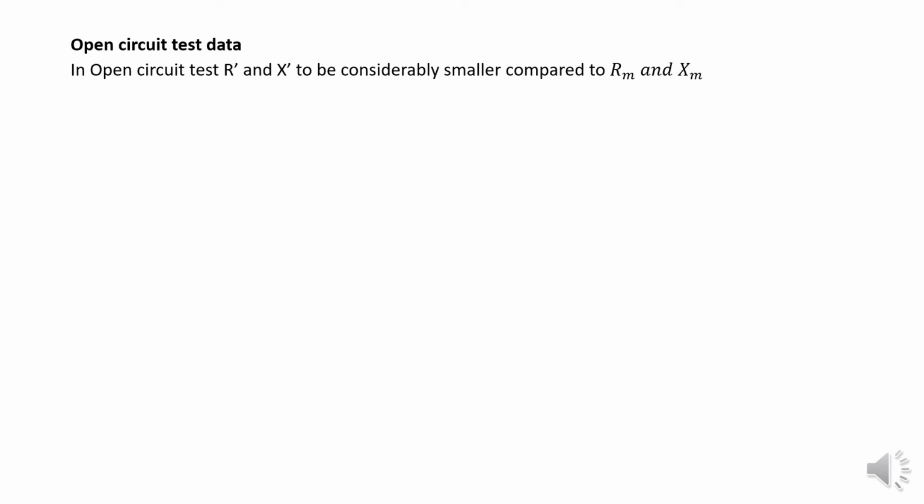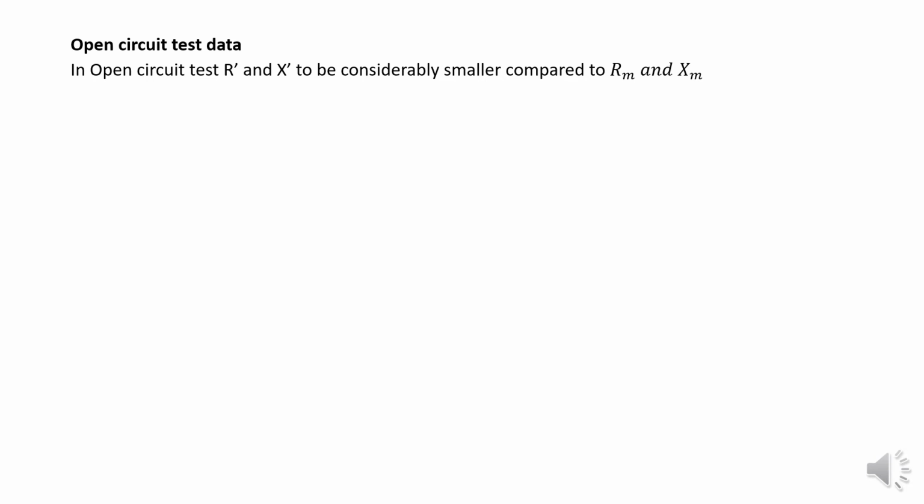First of all, we'll take the open circuit test. So if you can remember, in the open circuit test, R dash and X dash, refer to the diagram, they are the series values, right? So when you open circuit the transformer, there won't be any current going through R dash and X dash.